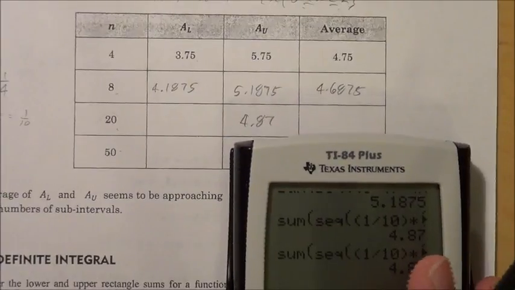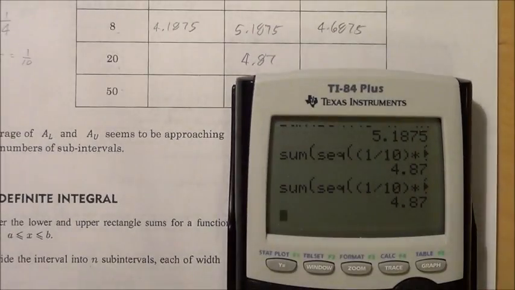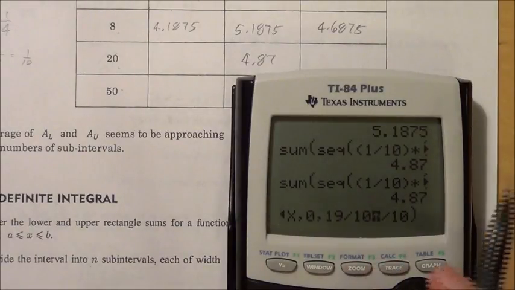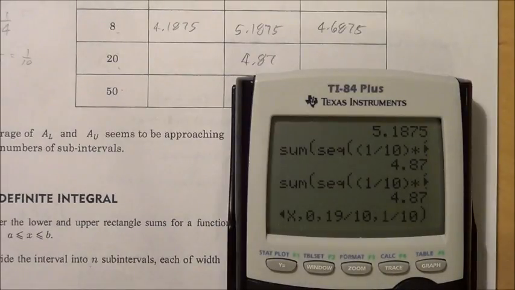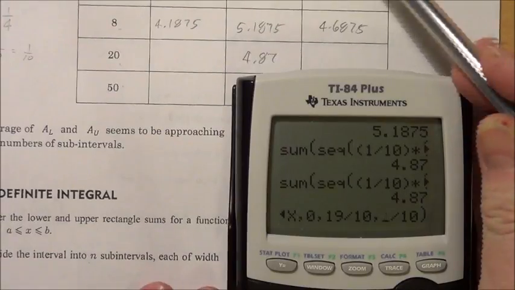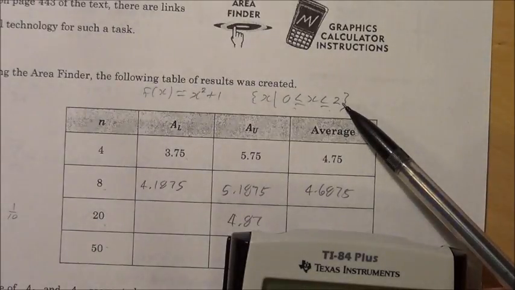Then I'll do the same thing for the lower area. I'll second enter, and everything else is pretty much the same. Instead of starting at 1/10, I'll start at 0 and go up to 19/10, because I'm going to go just shy of the 2 unit boundary.